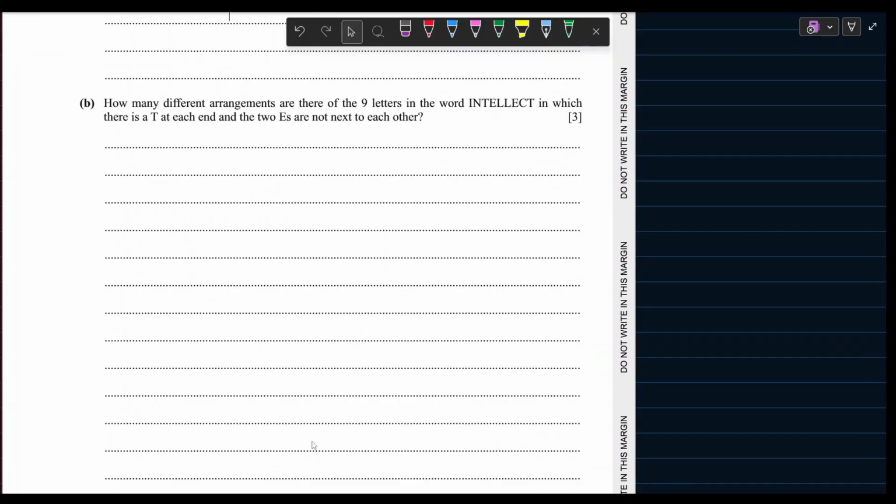Part B. How many different arrangements are there of the 9 letters in the word intellect in which there is a T at each end and the 2 E's are not next to each other?